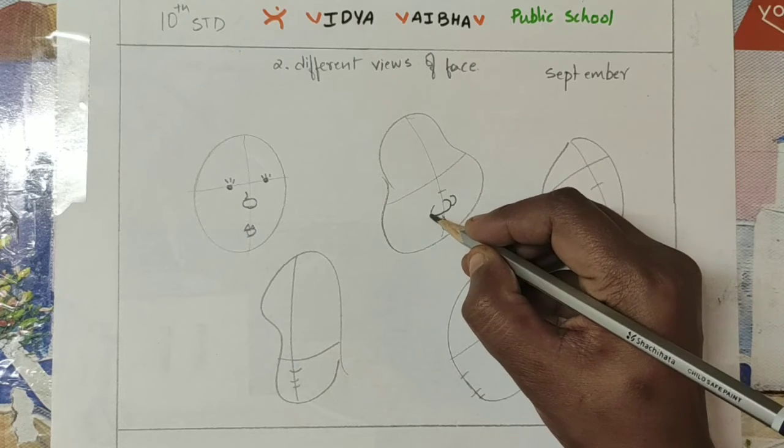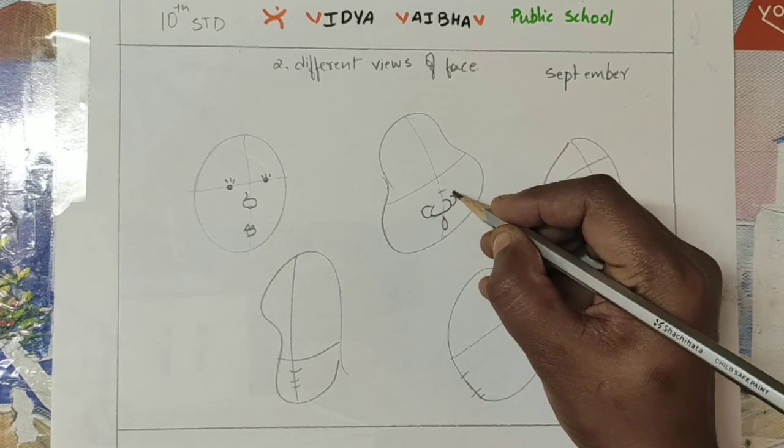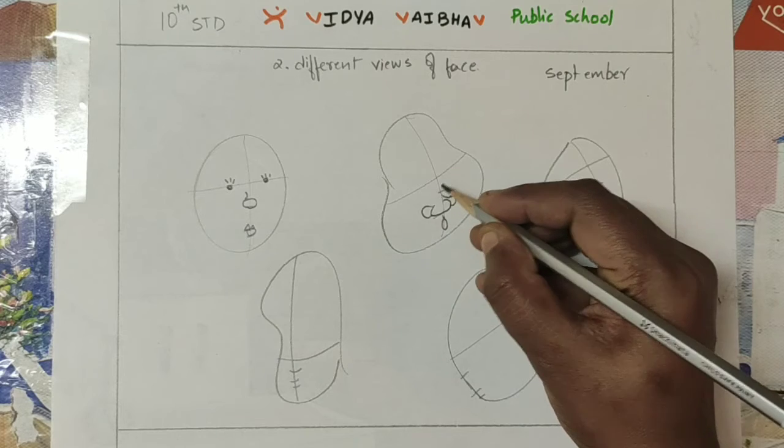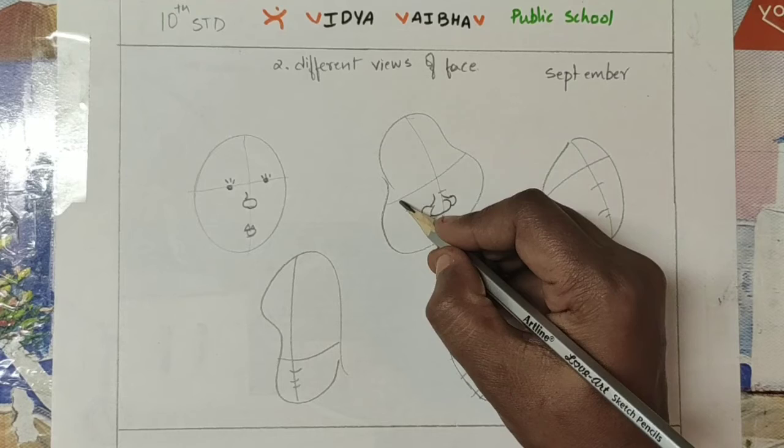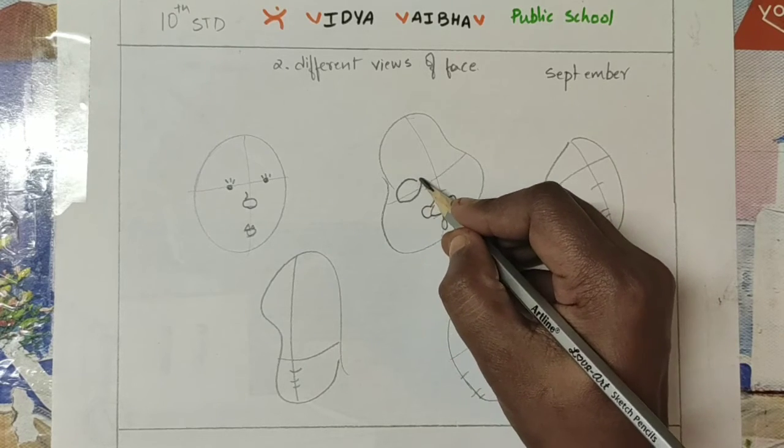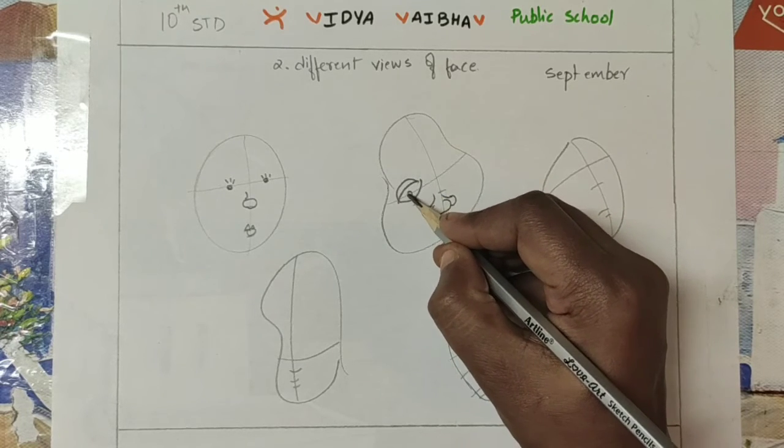See here, I'm drawing a nose because we learned different types of noses. And draw the eyes.